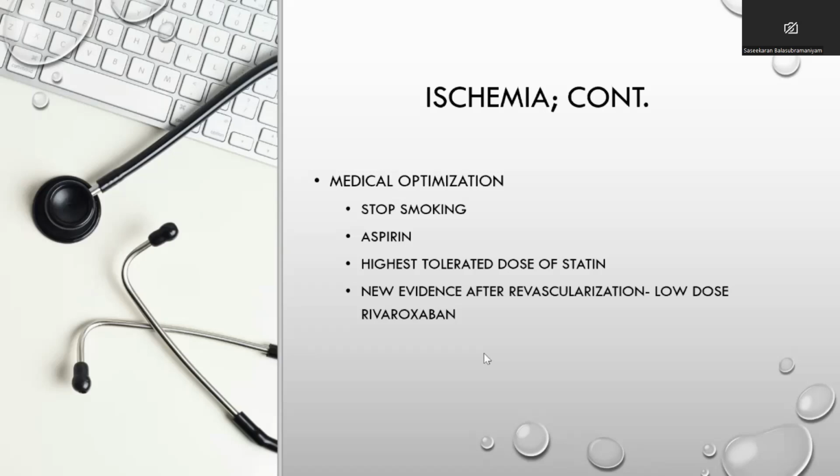But for these patients, aspirin and statin are disease modifying drugs regardless of their cholesterol level. So better to be on aspirin and the highest tolerated dose of statin. Earlier we were giving 20, now the trend is to give 40, or some people are on 80 milligrams of atorvastatin as well.